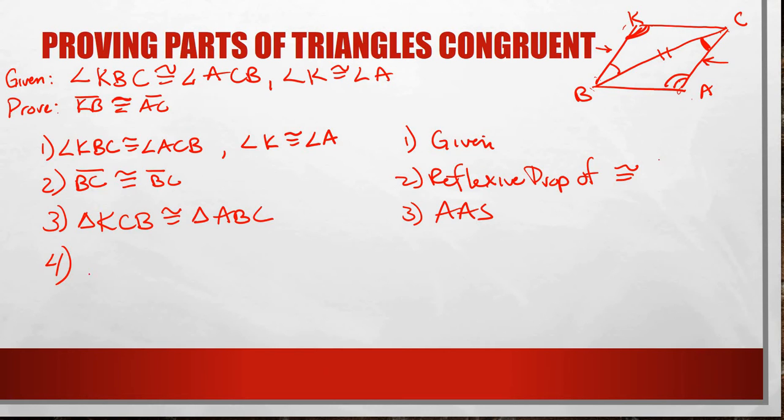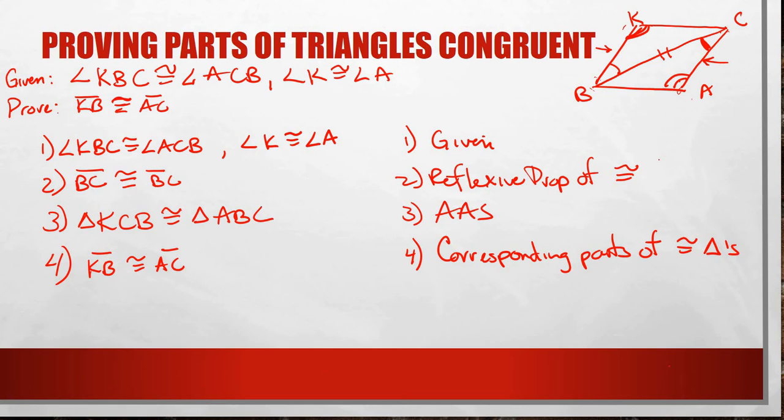So the one that I want is that KB is congruent to AC, and that is because corresponding parts of congruent triangles are also congruent.